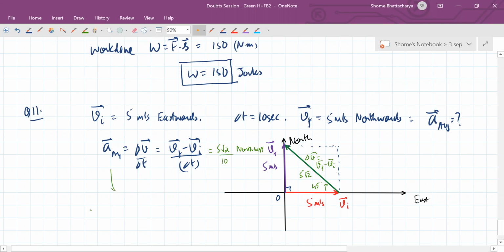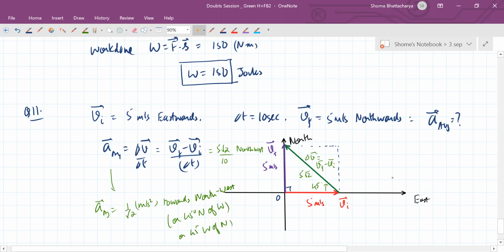So our average acceleration is, as you can see, 1 by root 2 meters per second square towards northwest. Okay, or more precisely, you can say 45 degrees north of west, or you can even say 45 degrees west of north.